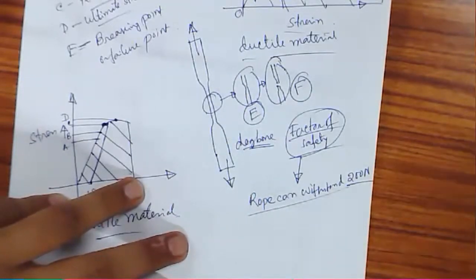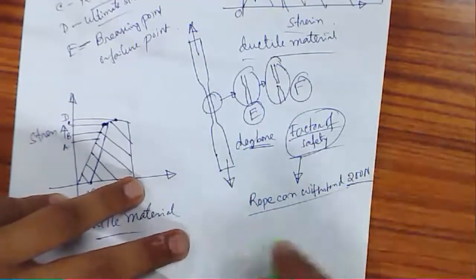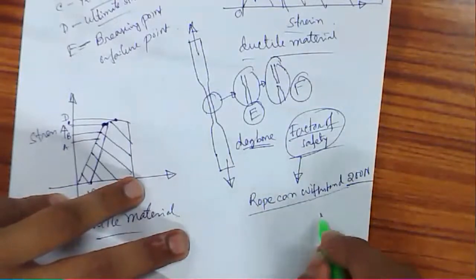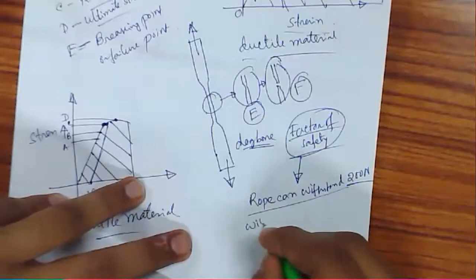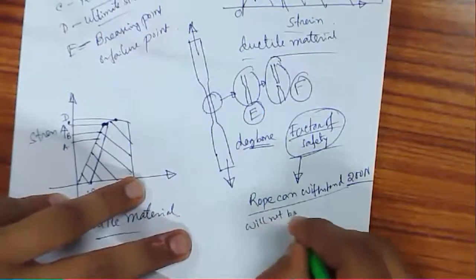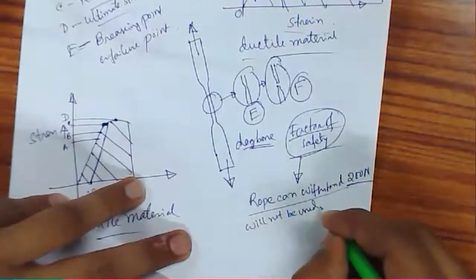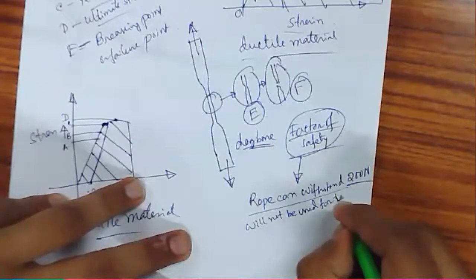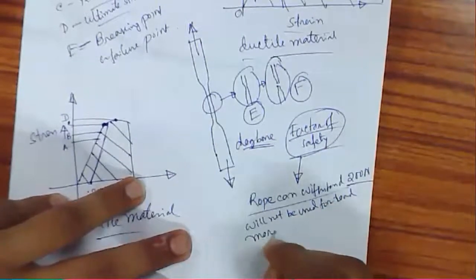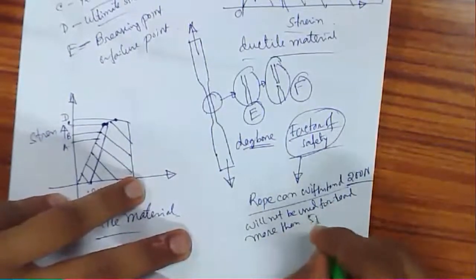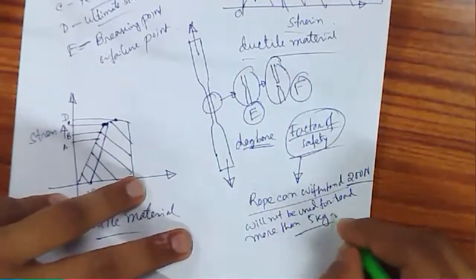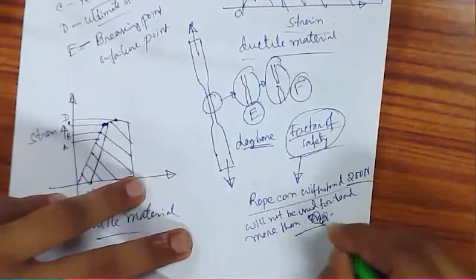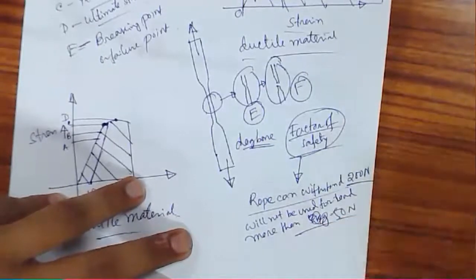Now, in this case, we will not use that rope for a load of more than 5 kg. 5 kg means on an average, say 5 into 10, 50 Newton.